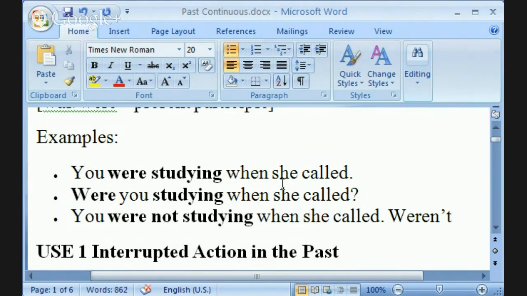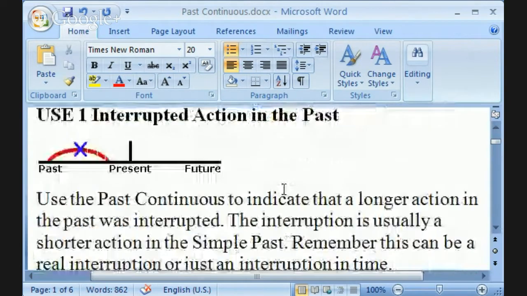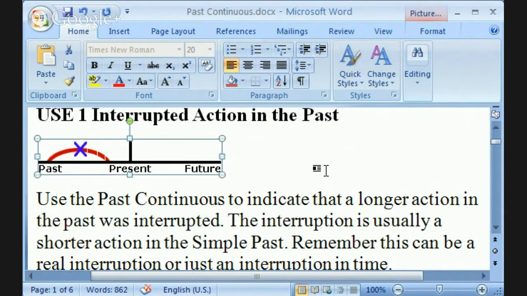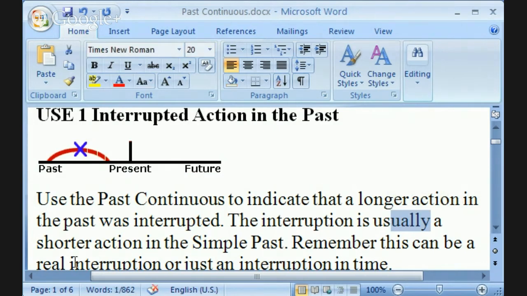All right, number one, important to understand this. We use the past continuous to indicate that a longer action in the past was interrupted, as noted in this diagram here. The interruption is usually, notice usually, not always, a shorter action which is expressed with another verb in the simple past.